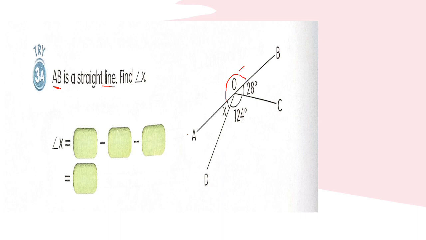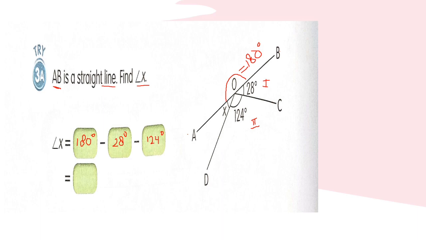So remember, it's equal 180 degrees. You need to find X. So this is the first known angles, and then this is the second one known angles. Angles X is the total angles on a straight line minus the first known angles, and then you minus with the second known angles.